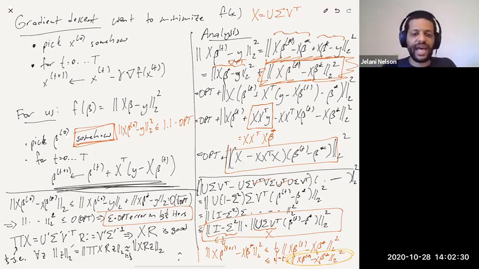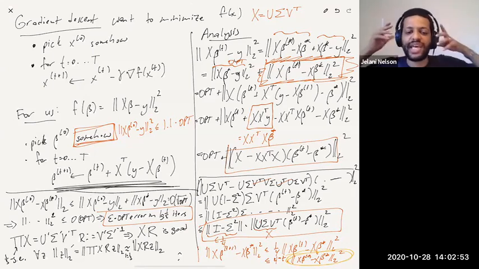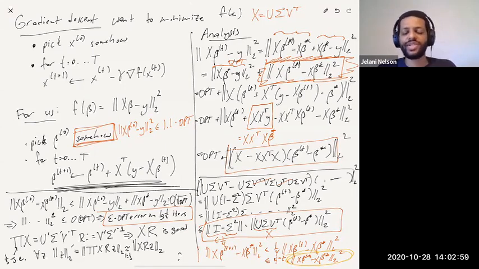So now what we see is that XRz has approximately the same norm as z for all z. That's exactly the statement that all the singular values of XR are close to 1. Meanwhile, XR has the same exact column space as X. So solving the regression problem over X is equivalent to solving the regression problem over XR.